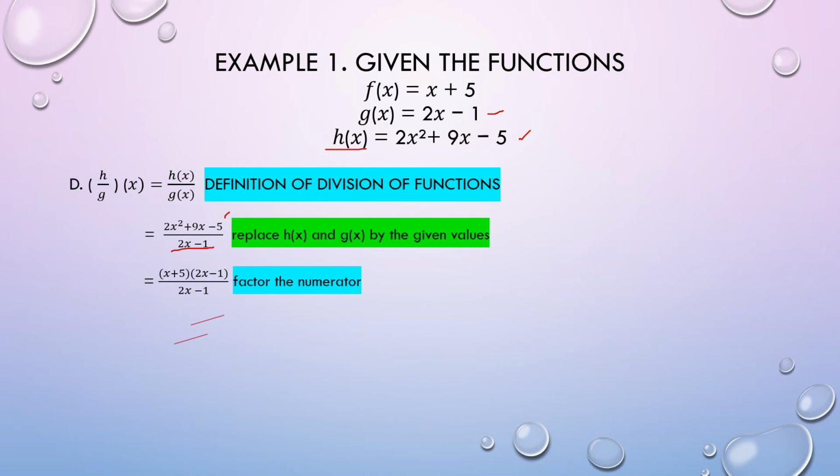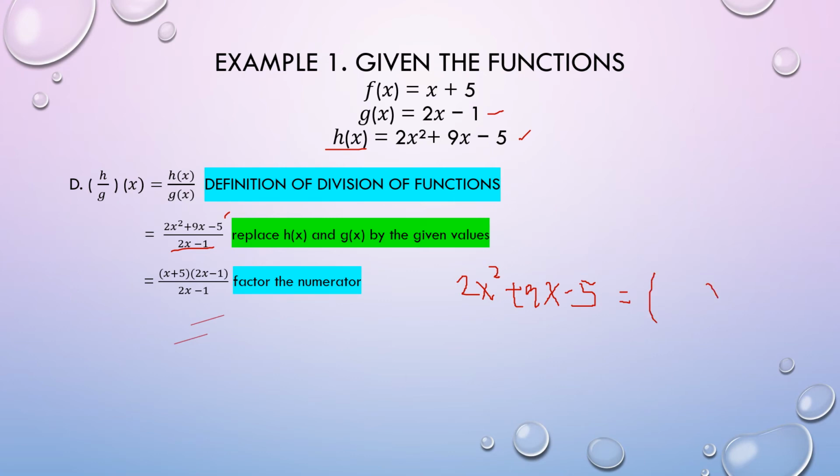Trinomial. Okay, we will review. So we have here 2x squared plus 9x. So review your factoring trinomial. And so we have here minus 5. So let us factor that.